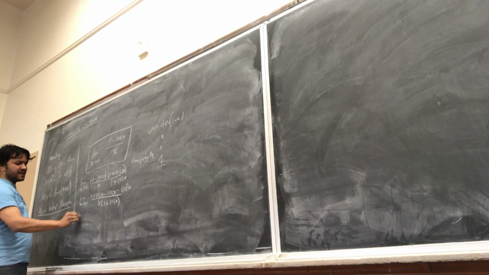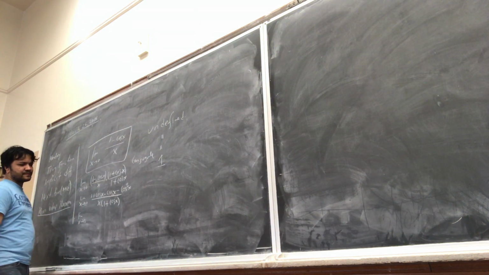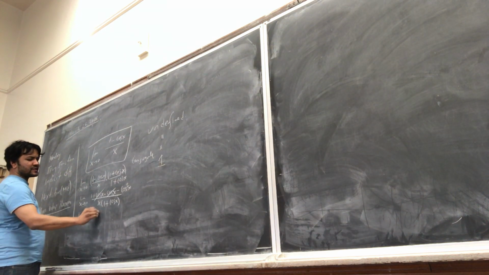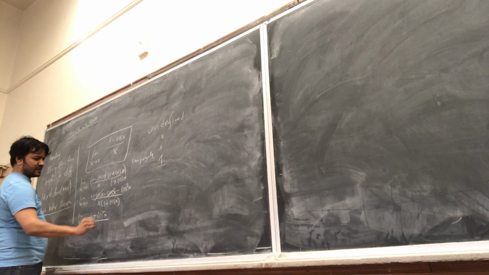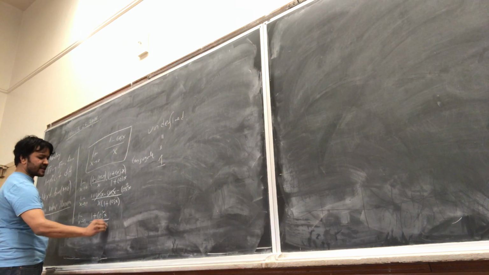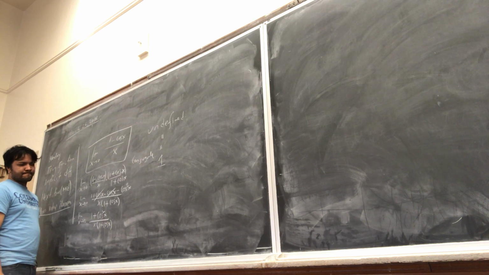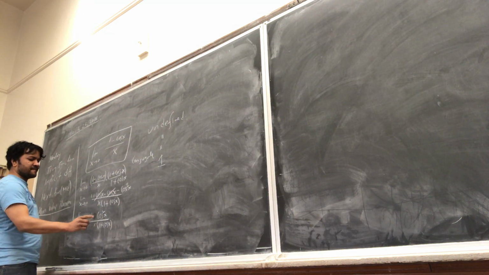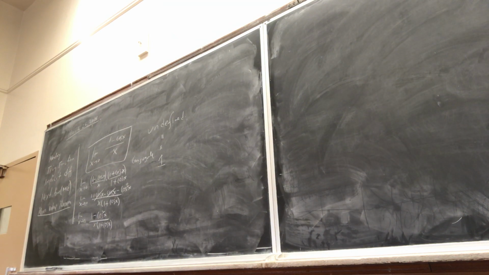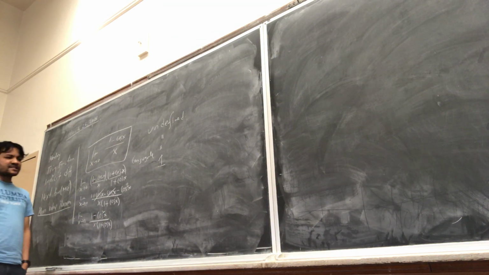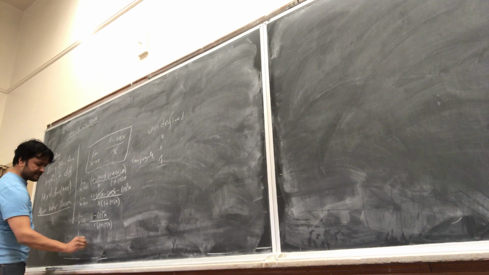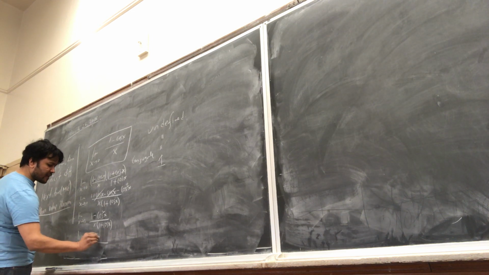Okay, so limit as x goes to 0. Can we cancel these two? So 1 minus cosine squared x over x times (1 plus cosine x), because this is minus. Very nice. 1 minus cosine squared x is sine squared x.